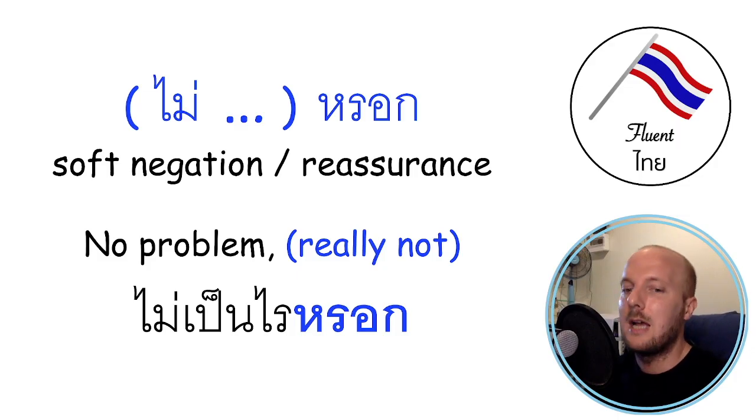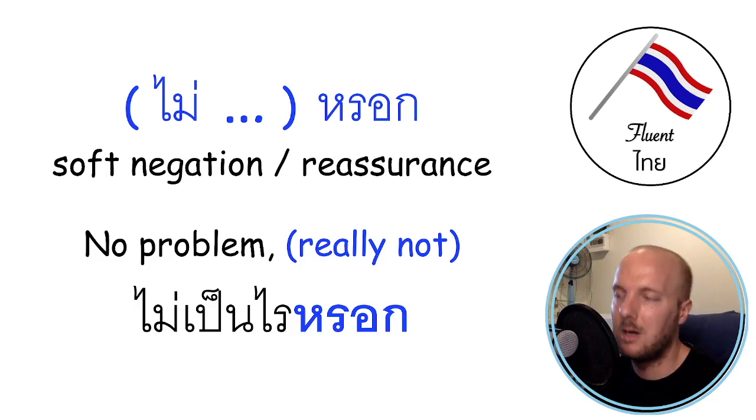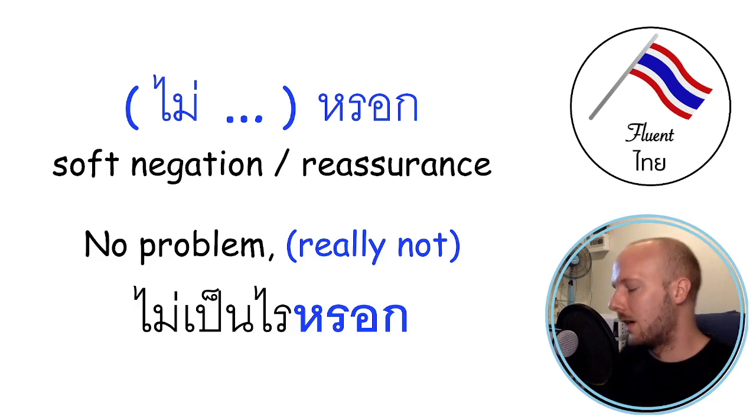But in this context, you can also add the word หรอก, which would give more emphasis to the negation meaning of the word. So you're saying ไม่เป็นไรหรอก, and you'd usually drag that out a little bit. So ไม่เป็นไร would become ไม่เป็นไรหรอก. No problem, really. It's not like I'm negating you here. Don't worry about it. So that's kind of the way it works.